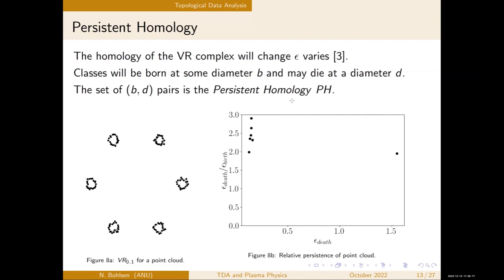So here's an example where I've got a loop made of 6 little loops. And this is sort of meant to be a toy model of a magnetic island chain. I'm looking to see structures that look like these loops in my data set. So I plot the ratio of death radius to birth radius against the death radius, because the death radius is a rough estimate of the geometric size of a topological feature.